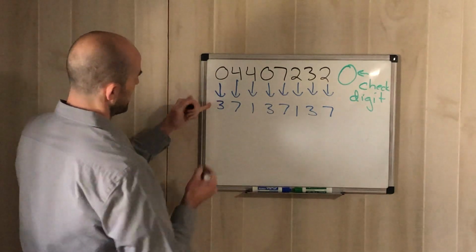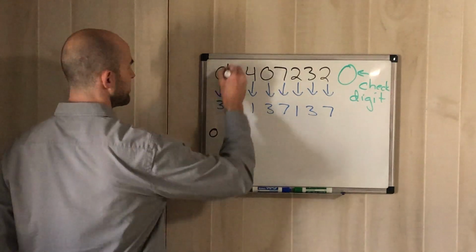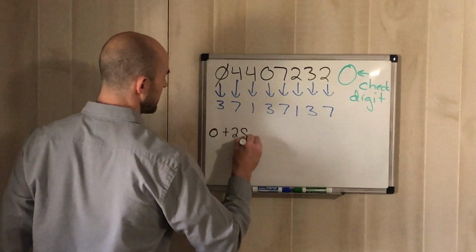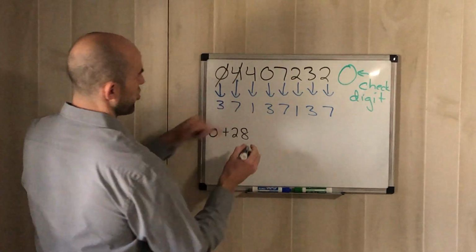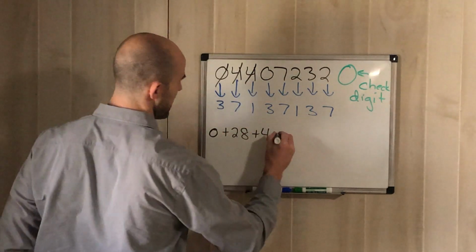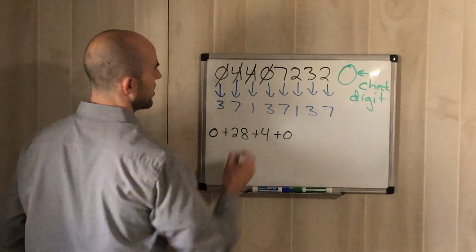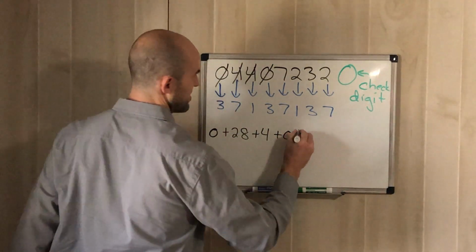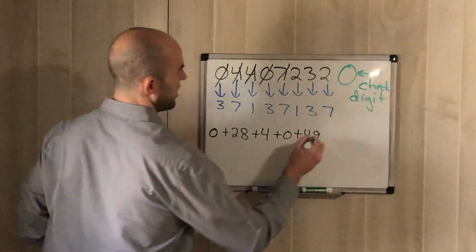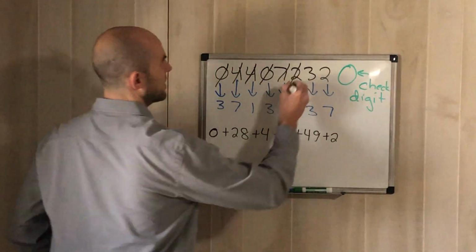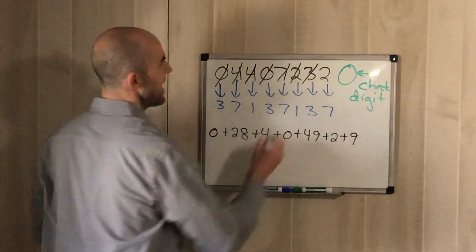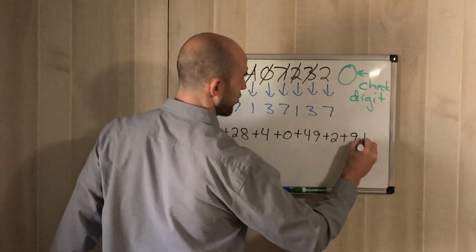We know that 0 times 3 is 0. 4 times 7 is 28. 4 times 1 is 4. 0 times 3 is 0. 7 times 7 is 49. 2 times 1 is 2. 3 times 3 is 9. And 2 times 7 is 14.